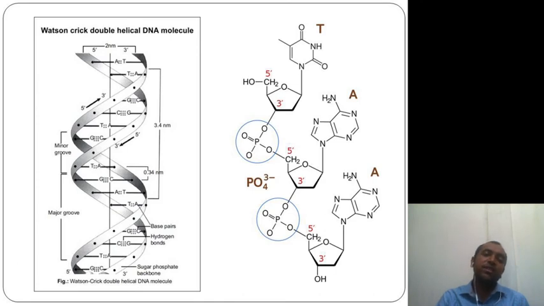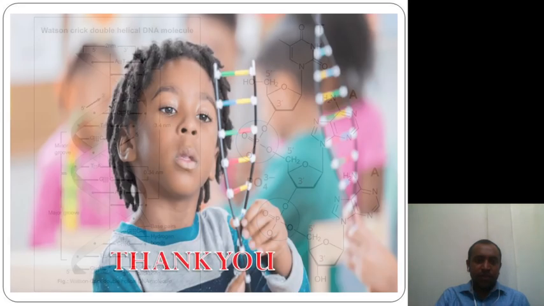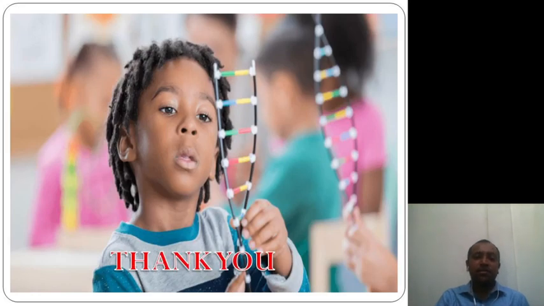The phosphodiester bond is a linkage between the 3 prime carbon atom of one sugar molecule and the 5 prime carbon atom of another sugar molecule. So this was all about the structure of DNA.